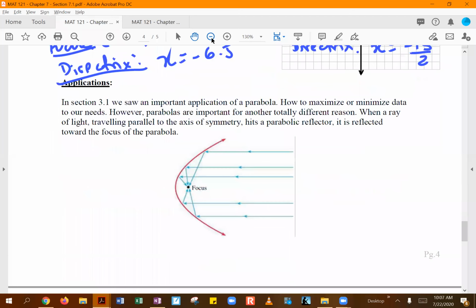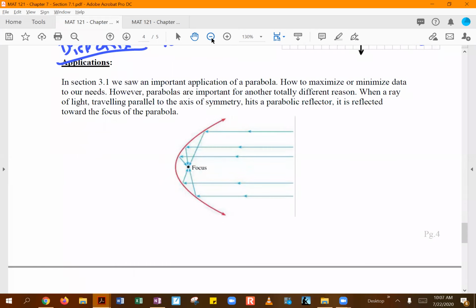definition, one of the common applications that we use for these parabolas or any of these conic sections is their reflection property. We are interested in what the reflection for these parabolic surfaces looks like.